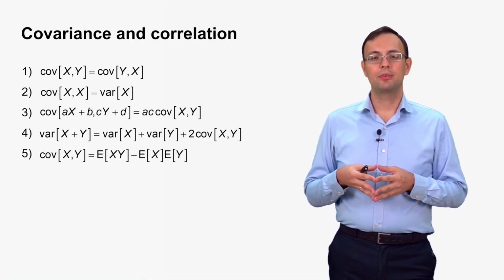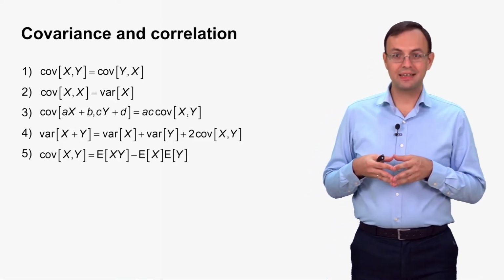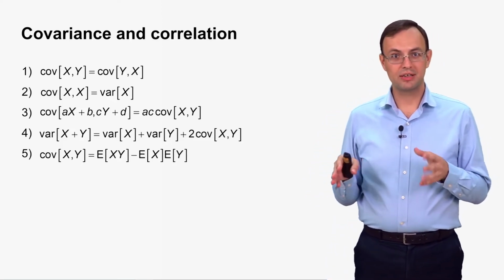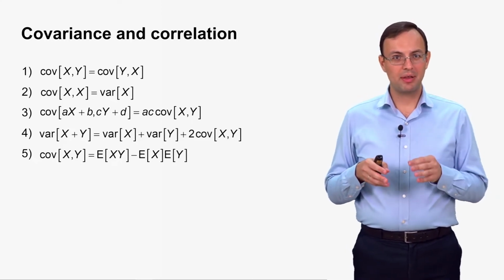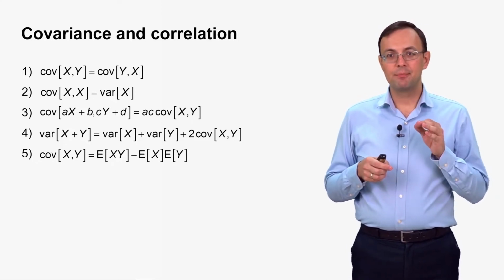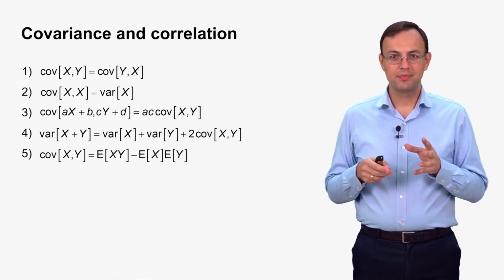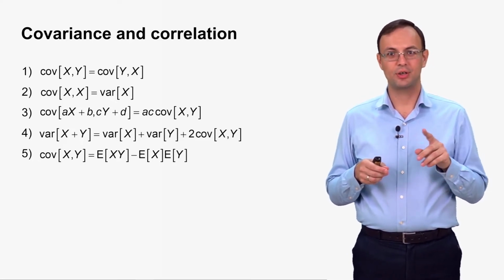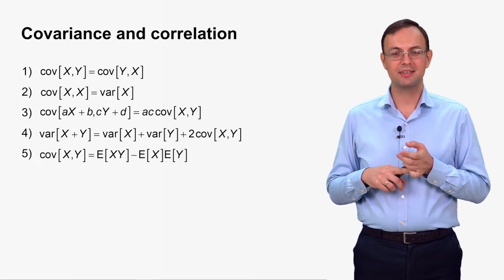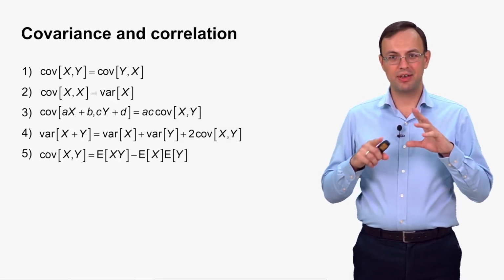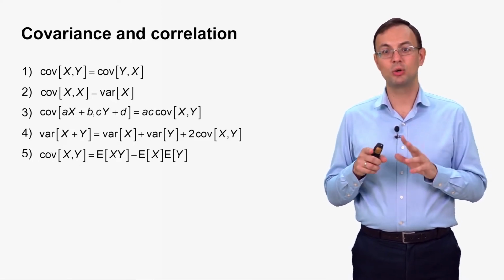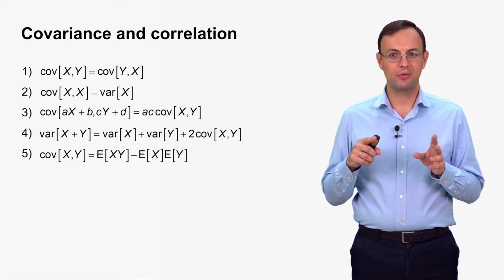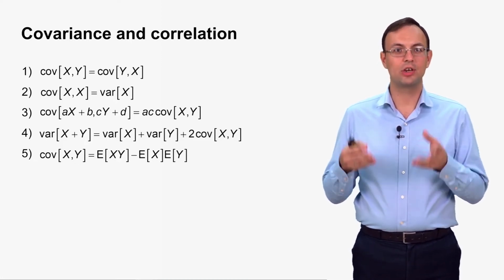Then a formula for the variance of a sum of two random variables. As you remember, I told you that the variance of a sum is not always equal to the sum of variances. There was a property of variance such that variance of x plus y is not equal to variance of x plus variance of y, at least in general.